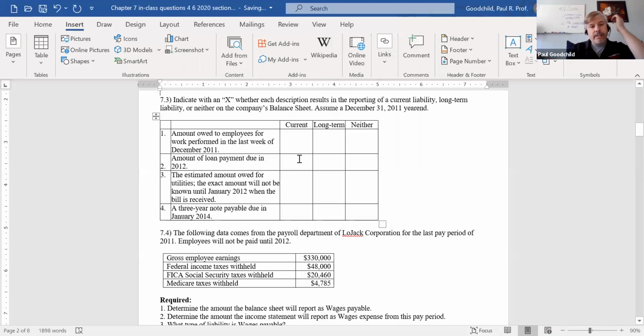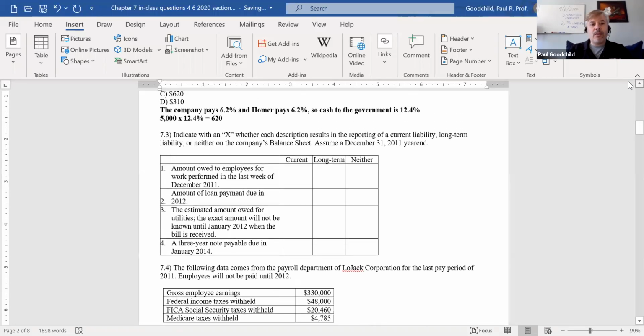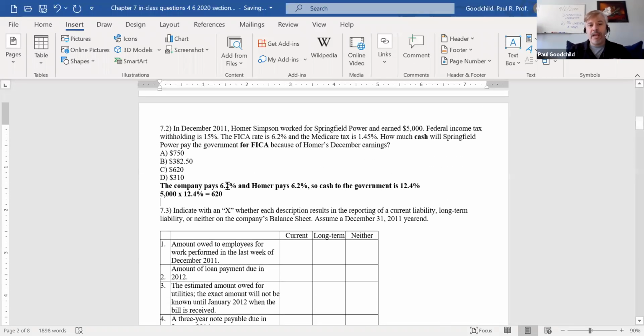7-3 is a little practice for you. So it's not taken out twice. Half is paid by Homer and the other half is paid by the company. But they're asking how much cash will the Springfield Power pay the government because of Homer's December earnings.